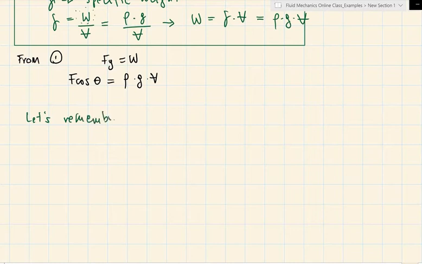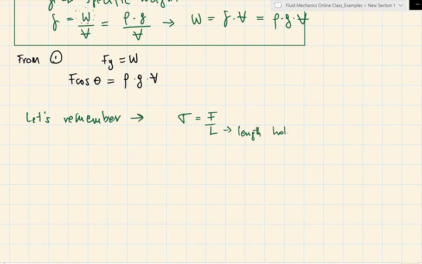Now let's remember something else, because we know more about the volume, because we know the shape of it, and we also know something about surface tension. We know from the previous video that surface tension is the force distributed in a length, or force over length.